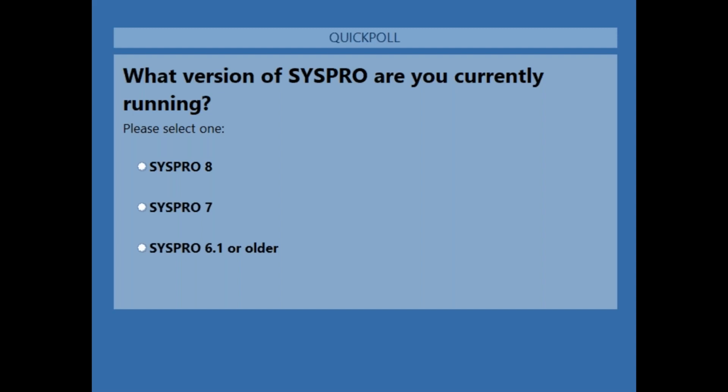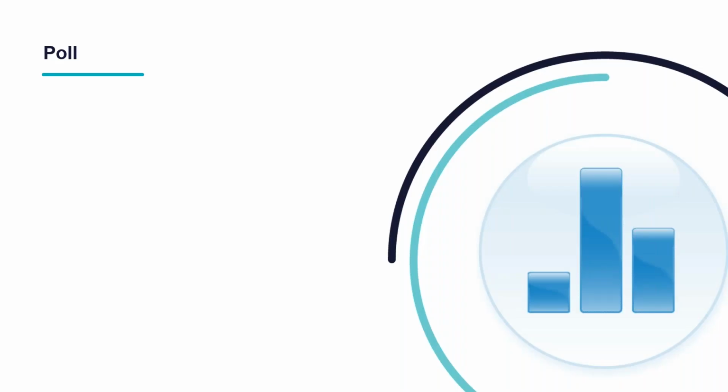Give it a couple other seconds. Excellent. I'm going to go ahead and close that poll. So we have just over half of you already on SYSPRO 8, 27% sitting on 7, 14% on 6.1 or older, and there's one who's on 6 trying to move to 8. Fantastic.